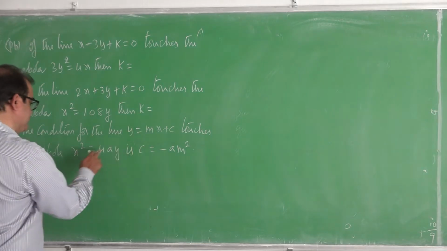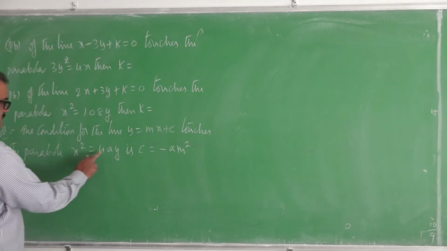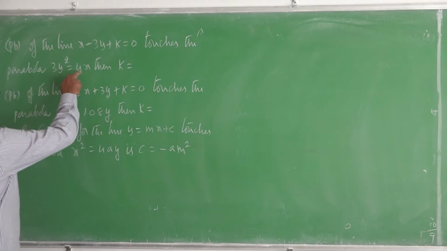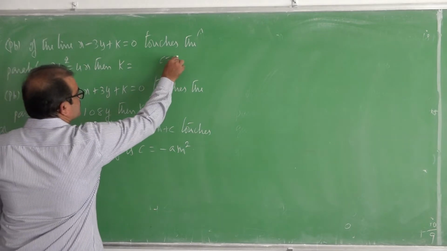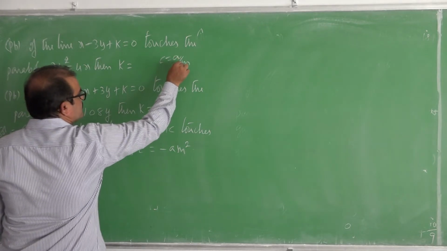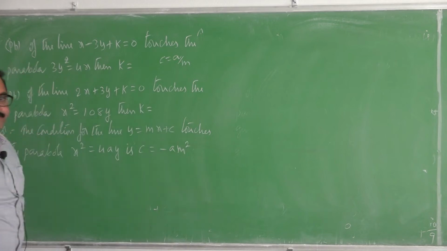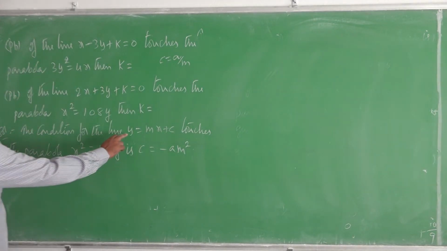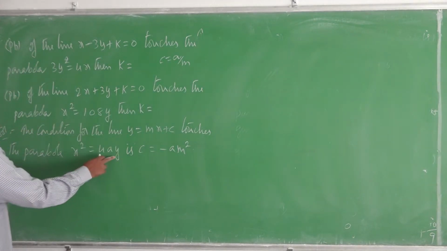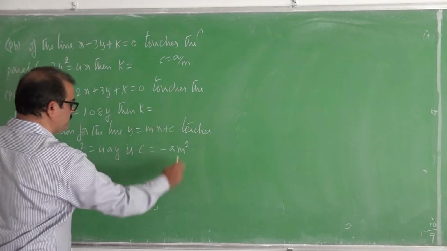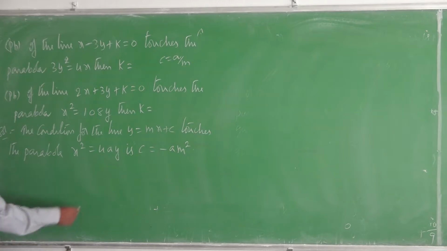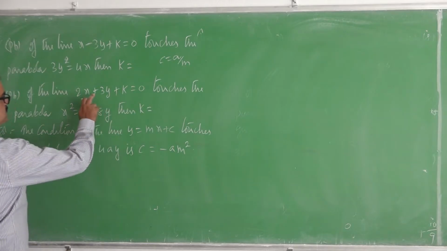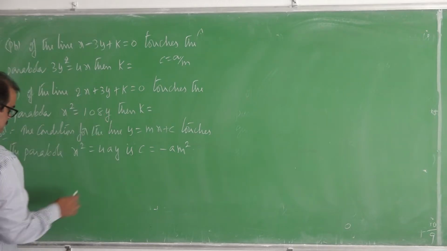If this line touches the parabola y square is equal to 4ax, then the condition is c is equal to a by m. We discussed this condition in the previous class. If the line touches the parabola x square is equal to 4ay, then the condition is c is equal to minus am square. Now convert this straight line into this form.